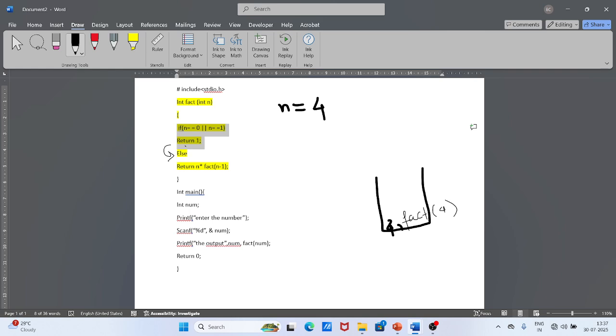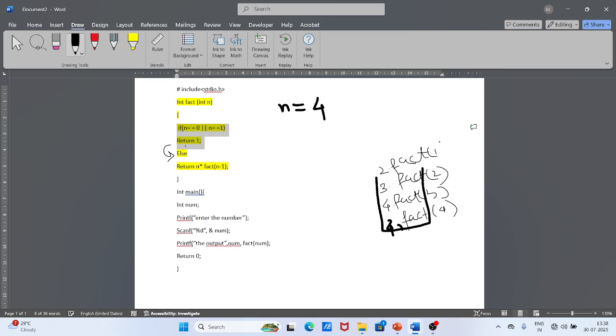Now it comes to the else part, and it checks n into fact of n minus 1: 4 into fact of 3. Fact of 3, now it goes to check the same things. Now it is 3 into fact 2. Fact 2 becomes 2 into fact 1.